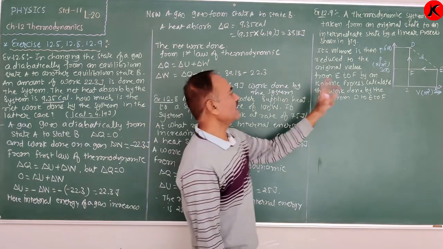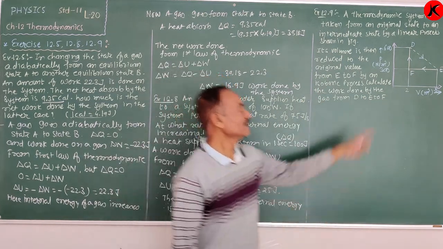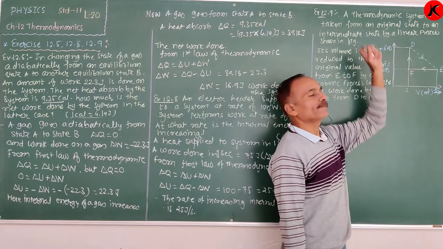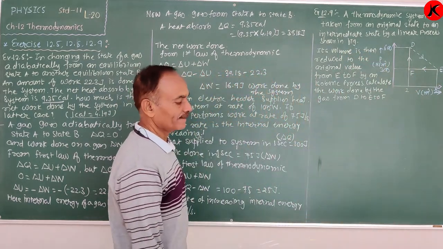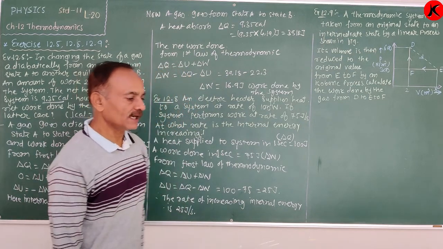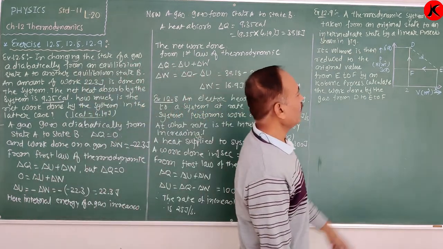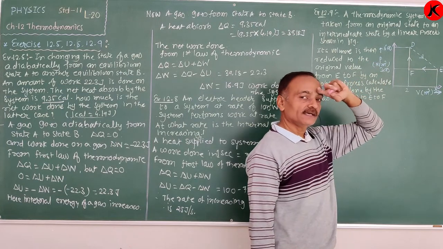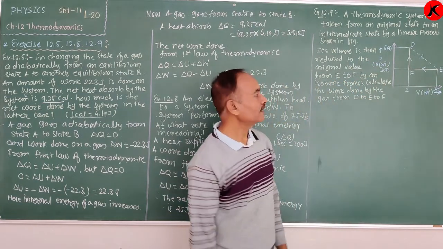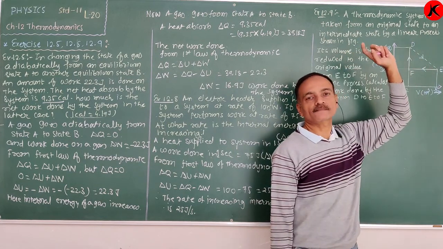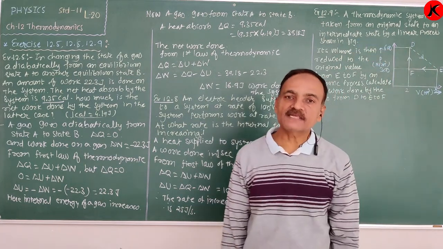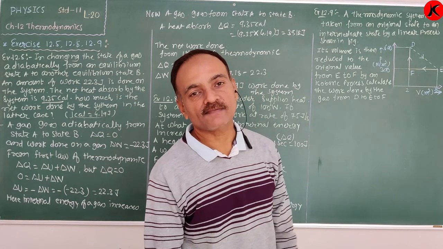Calculate the work done by the gas from D to E to F. Therefore, the total work done by the gas: here we calculate the work done for the DE path, E to F, and F to D, and the addition of these three works gives the total work done.